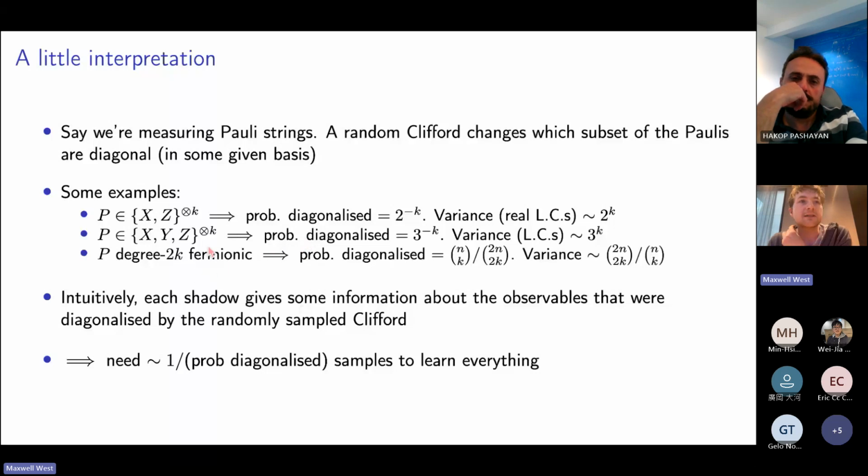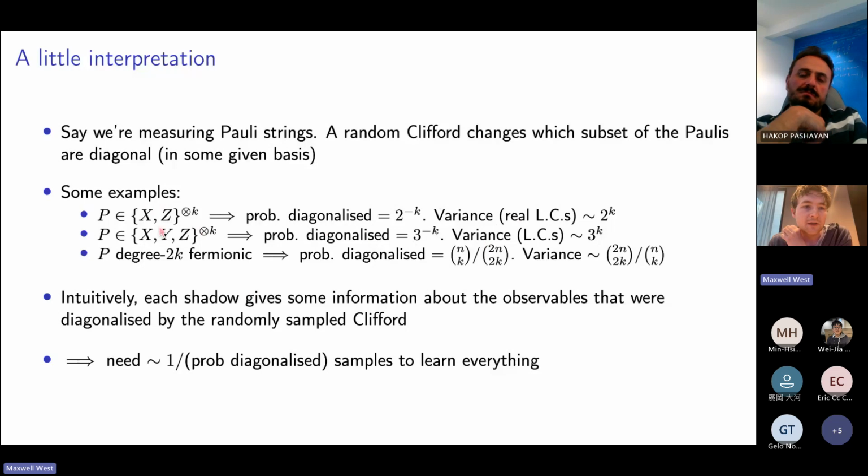And then intuitively, what you might expect is that the number of samples you need to take is somehow proportional to the number of times you have to run things before every operator has been diagonalized at least some constant number of times. And this is what we see.